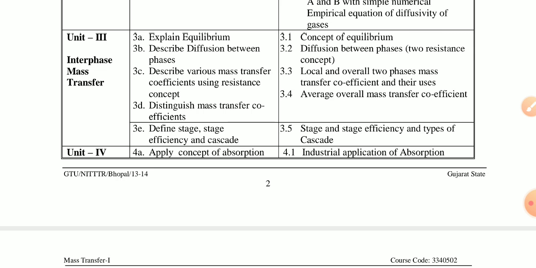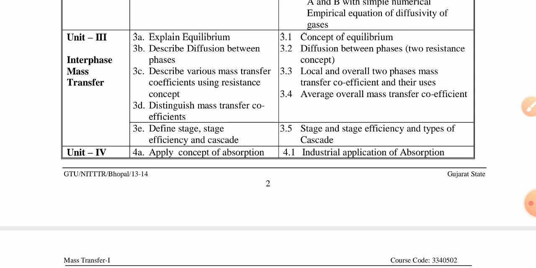Local and overall two-phase mass transfer coefficients and their uses. Average overall mass transfer coefficient and its effect. The distribution between the mass transfer coefficients. Define a stage, stage efficiency and a cascade. For a stage, the stage efficiency and the types of cascade.